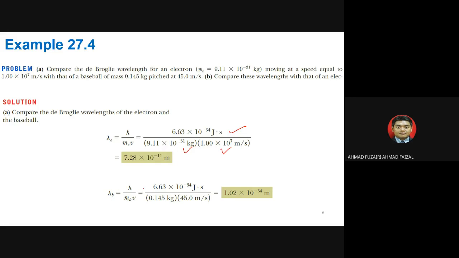While for the baseball, we have Planck's constant, the mass of the baseball, and the speed of the baseball. From here you can get the wavelength: 7.28 times 10 to the power of negative 11 meters for the electron, and for the baseball it is 1.02 times 10 to the power of negative 4 meters. It's a very, very small value of wavelength.